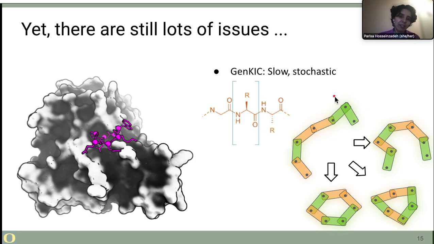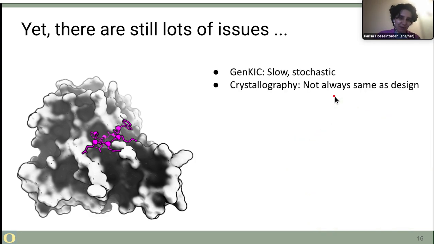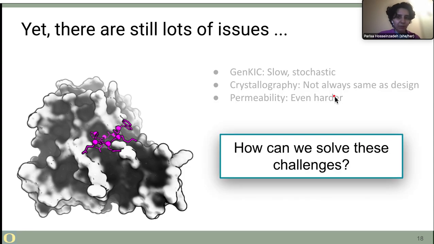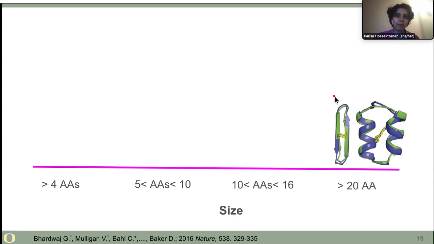It's also very, very slow. Crystal structures are not always as we designed, and it's partially because of the sampling problem that we have, that we don't sample all of the conformations. And then permeability is even harder. So really, we ask this question of how can we solve these challenges?